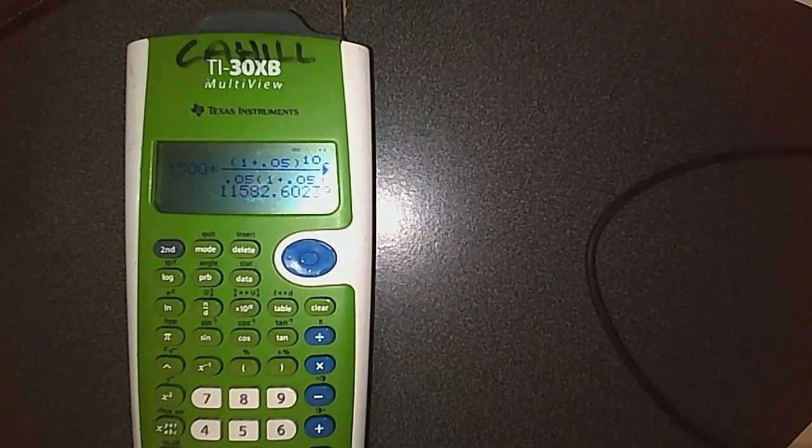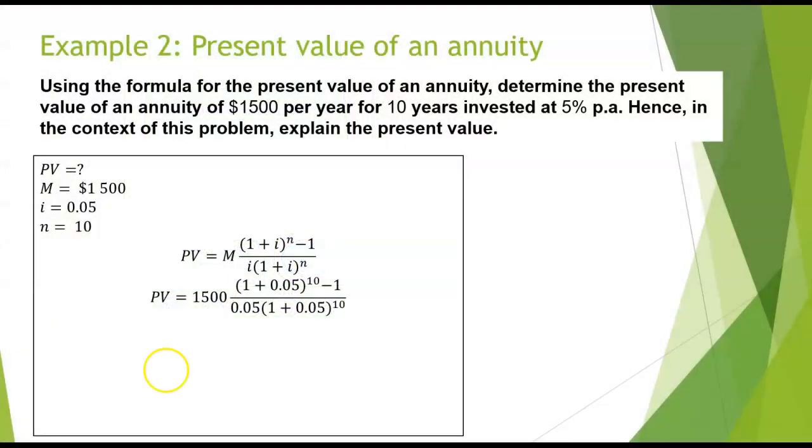$11,582.60239. Once again, it's money, so that's going to round to 60 cents. So $11,582.60. So we've answered this bit, and it says now, hence in the context of this problem, explain what that means.